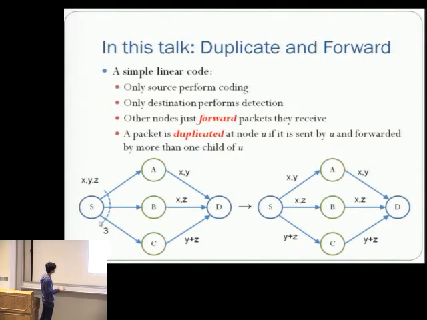For example, here the source broadcasts X, Y, Z, A forwards X, Y, B forwards X, Z, and C will mix Y and Z by XOR. This is equivalent to the case when the source just unicasts X, Y to A, unicasts X, Z to B, and unicasts Y plus Z to C. So these two scenarios are equivalent, and we just consider the second one, which makes the analysis easier.